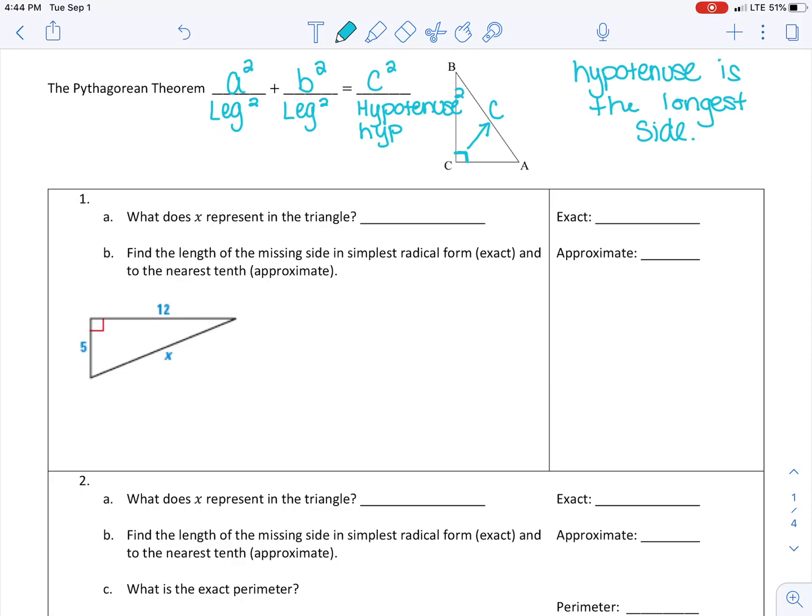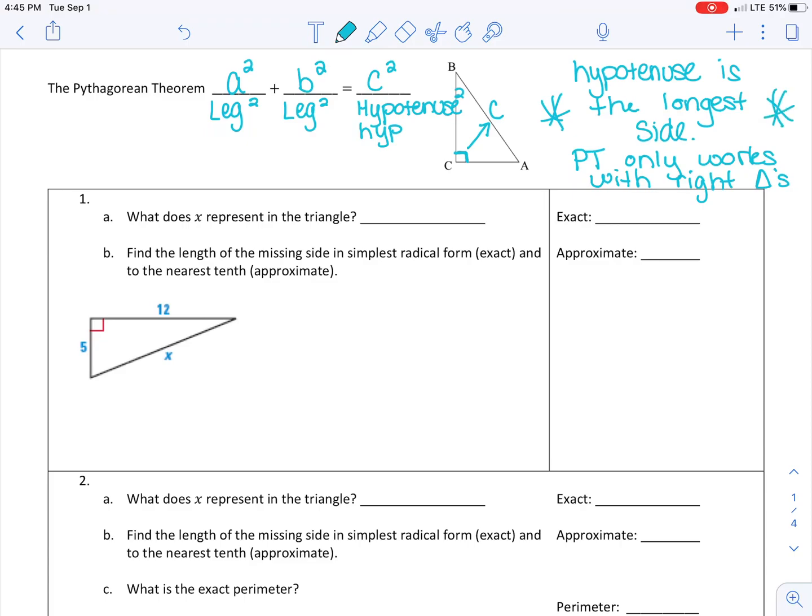So I'm going to abbreviate Pythagorean theorem to PT, and that only works with right triangles. Okay, so only working with right triangles. This information off to the side is very important.